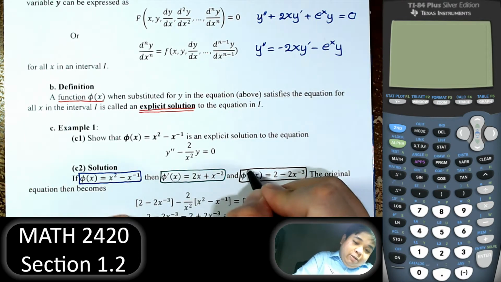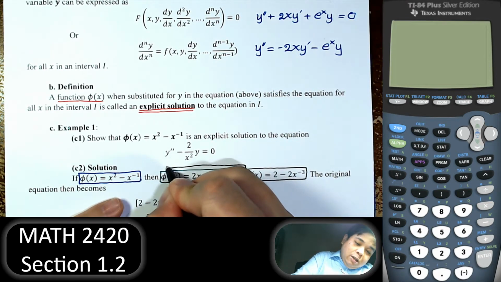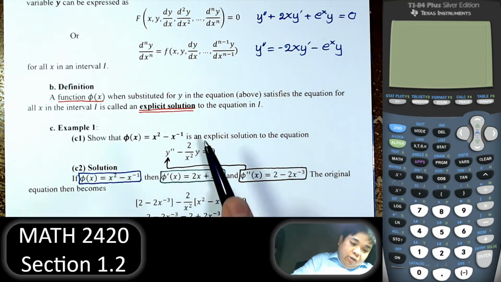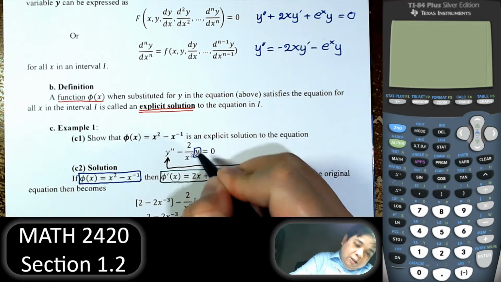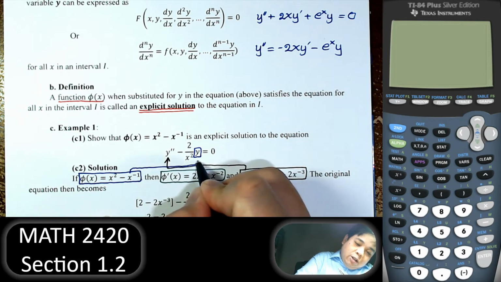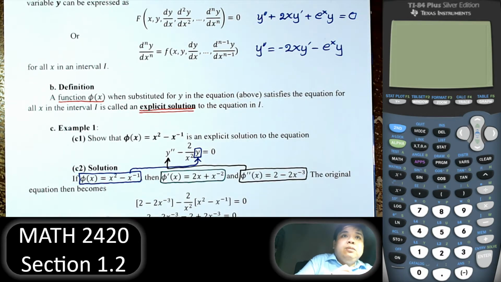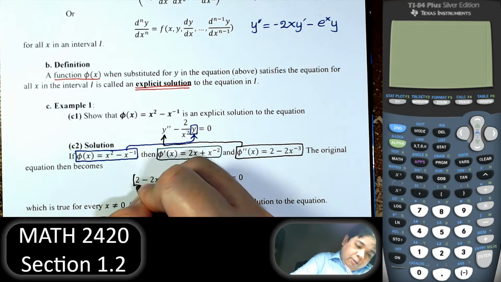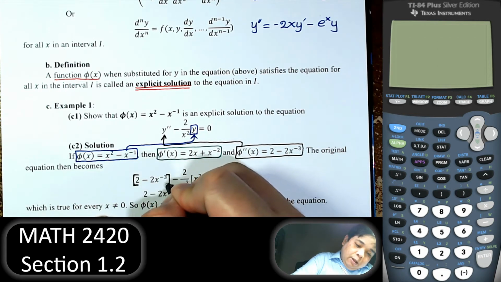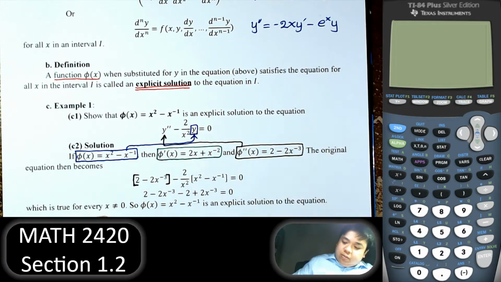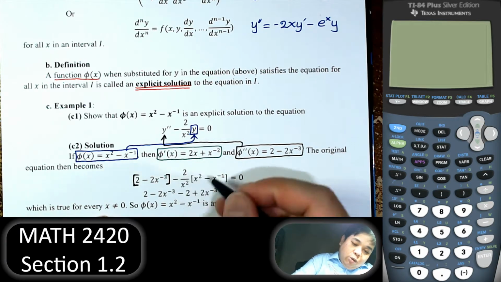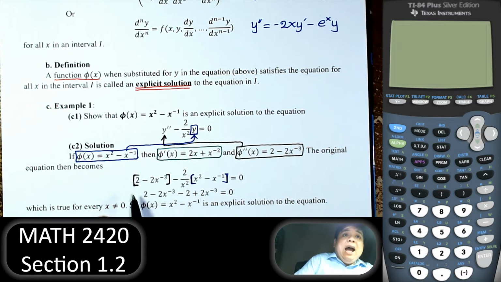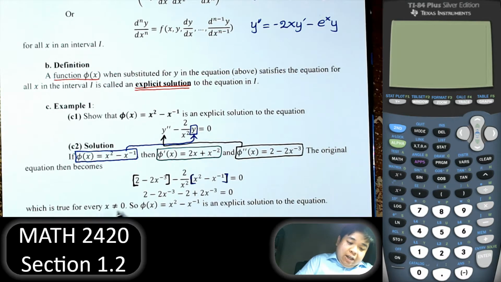We have the second derivative, which is that, minus 2 over x squared times the function, which is that, and multiply it out, and it cancels.